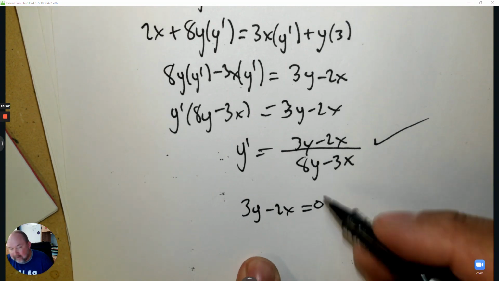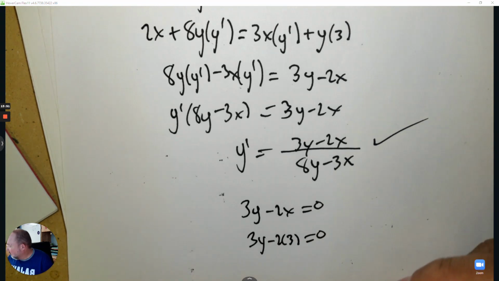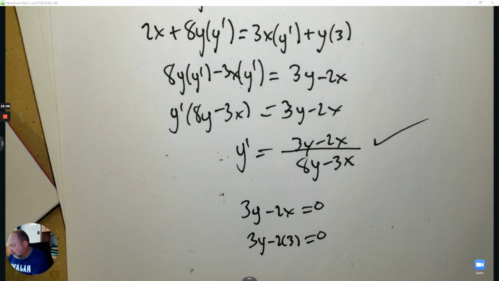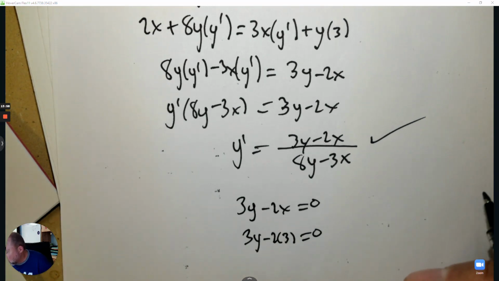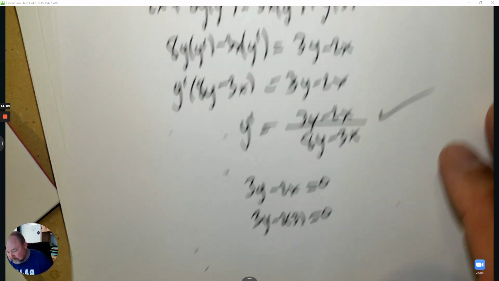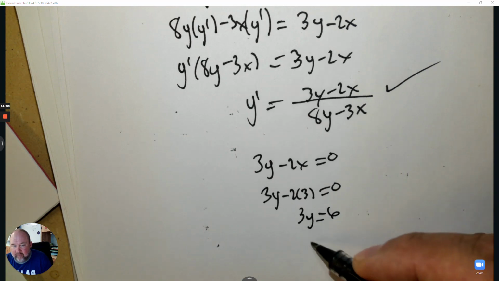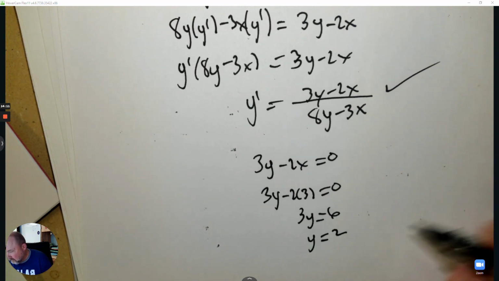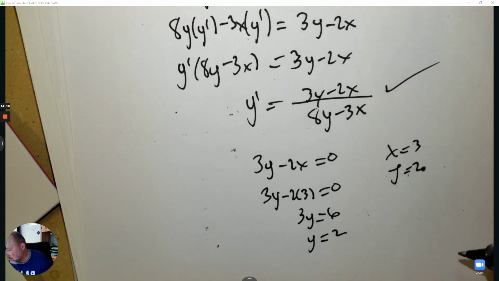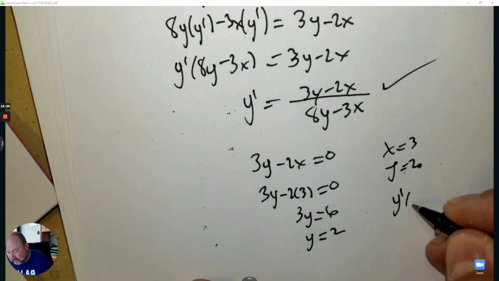So if the x coordinate is 3, that means the y coordinate must be, if I solve this, add 6 and divide by 3, the y coordinate must be 2. So at x equals 3 and y equals 2, this is when the derivative is equal to 0.